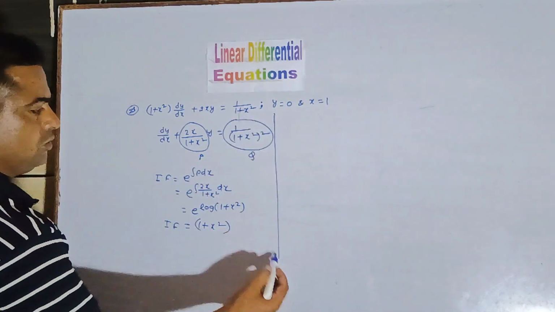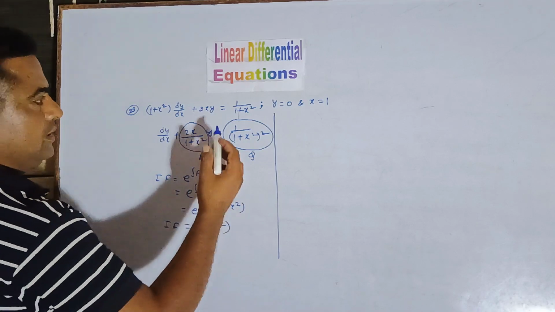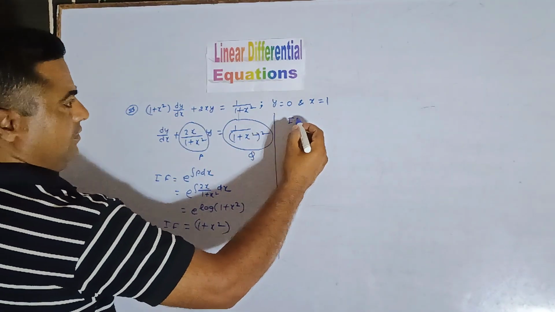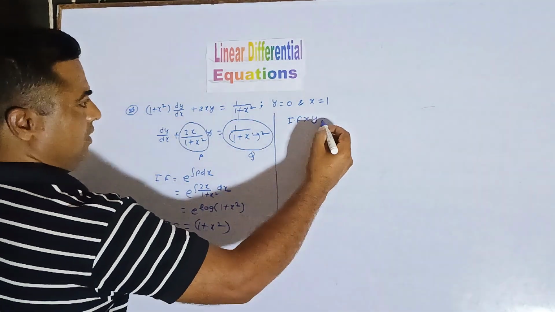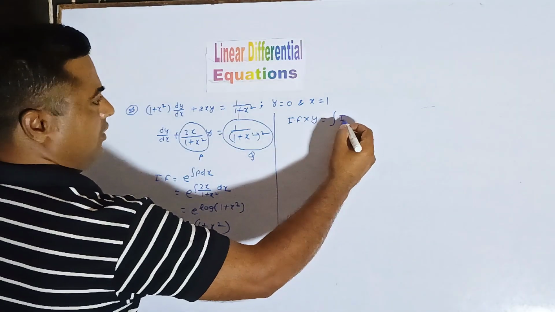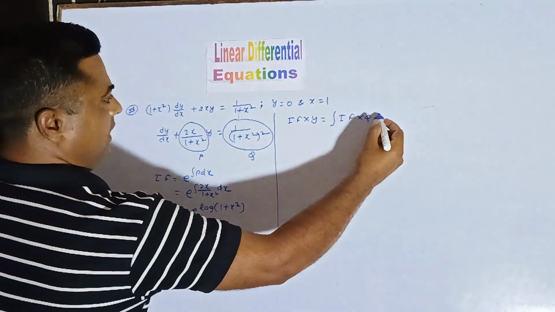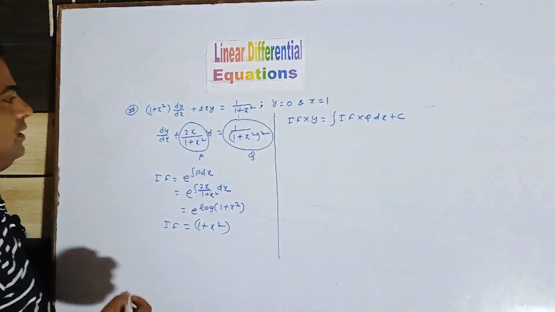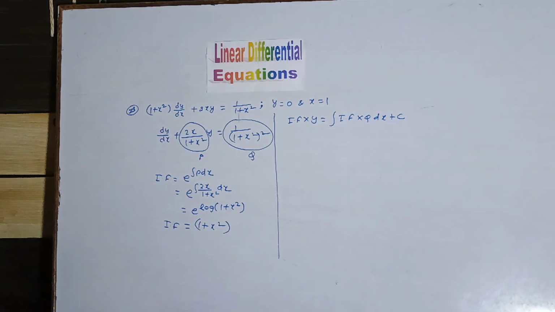Students, we know the solution of this differential equation. The solution will be IF into y is equal to integral of IF into q into dx plus c. The value of the integrating factor is 1 plus x square.